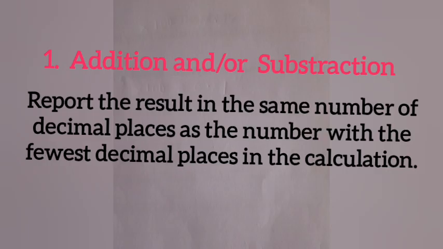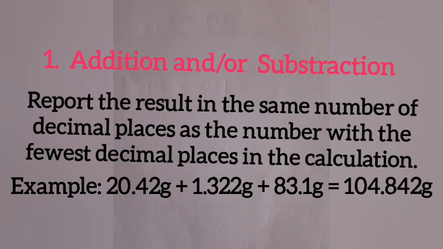For example, we have three numbers we are adding together. The first one is 20.42 grams. That is in two decimal places. The second one is 1.322 grams.